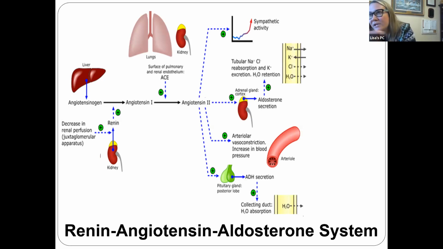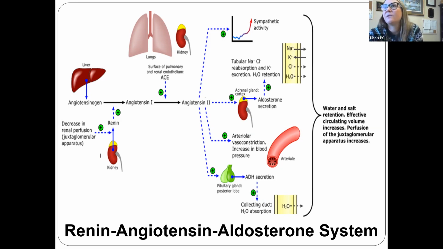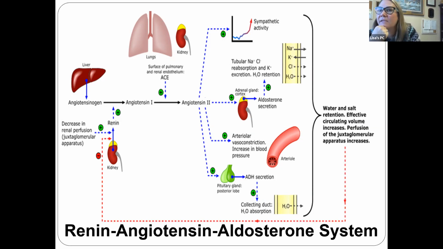And then, more important to this lecture, it acts at the adrenal cortex to stimulate aldosterone secretion. All of those things combined, and specifically aldosterone, cause sodium reabsorption and thus can increase blood volume, and potassium excretion. All those things combined, of course, cause salt and water retention, increase renal perfusion, and that feeds back at the level of the kidney to suppress renin once it's normalized.